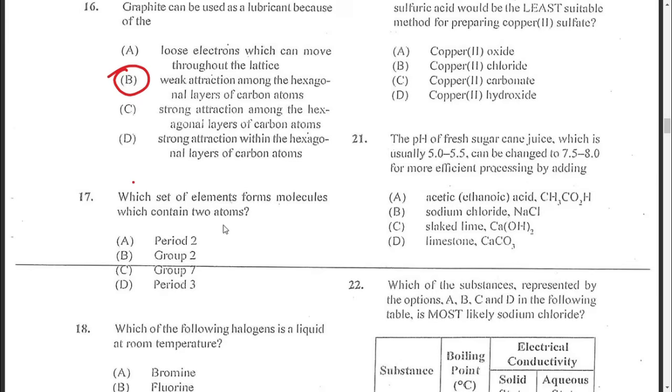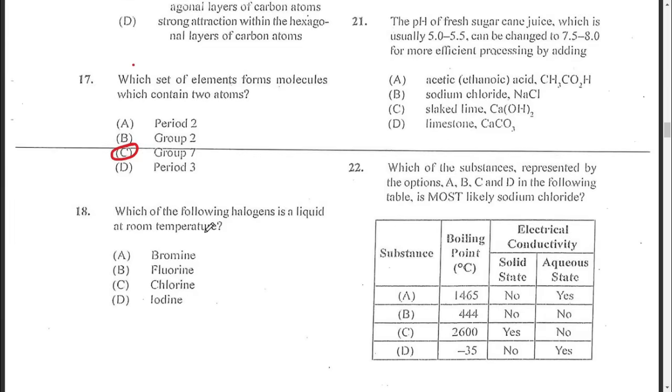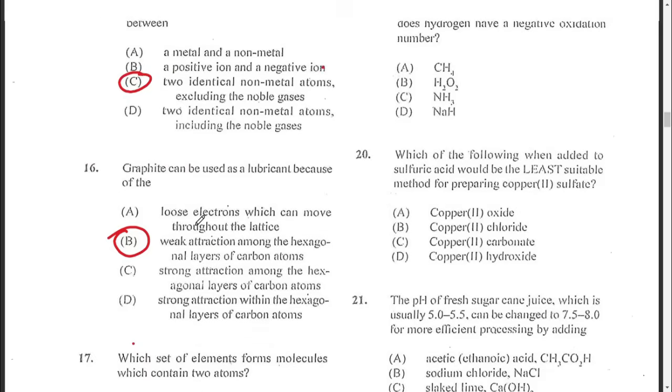No. Group 7, all the elements in group 7 will form molecules containing two atoms. That's the halogens. 18. Which of the following halogens is a liquid at room temperature? We know that by now. We know bromine is the halogen that is a liquid at room temperature.